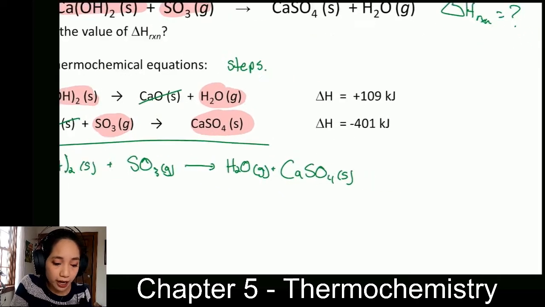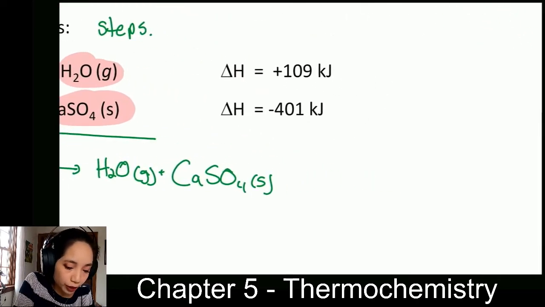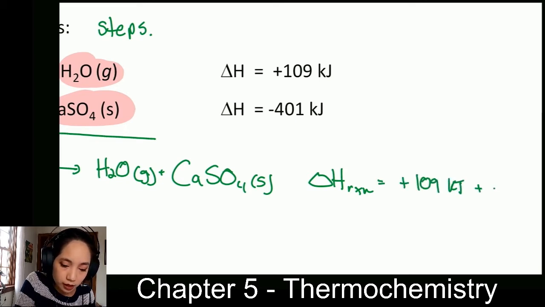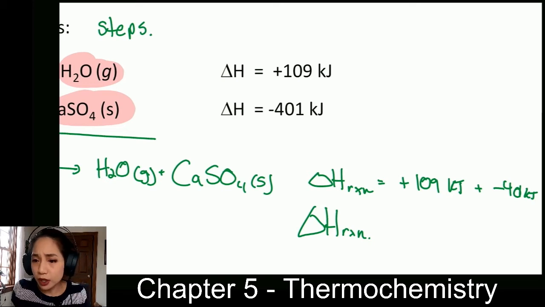The delta H, or the enthalpy of this overall reaction, is equal to the sum of those two reactions given. So the delta H is equal to positive 109 kilojoules plus negative 401 kilojoules. We didn't have to reverse or flip anything, because I wanted a pretty easy example for our first one.